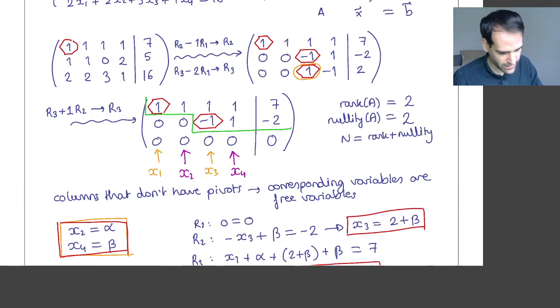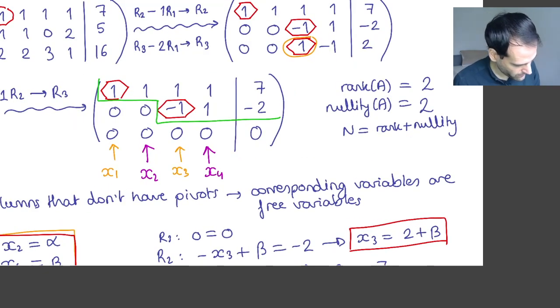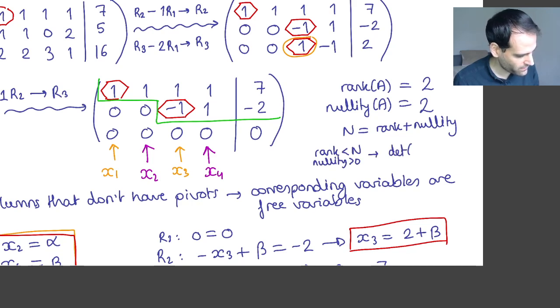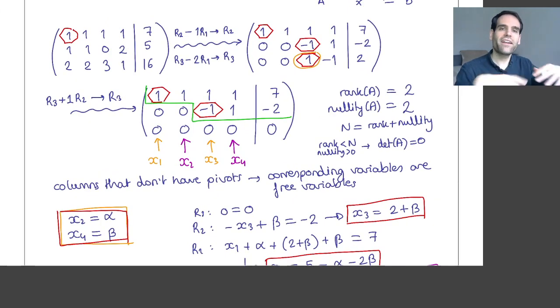Also note that since rank is smaller than n, or nullity is bigger than 0, this means that the determinant of A is 0. So that's why there are infinite solutions. If the determinant of A was not 0, then the rank would equal the number of columns. So all of the columns would have had a pivot, and then matrix A would have had an inverse.